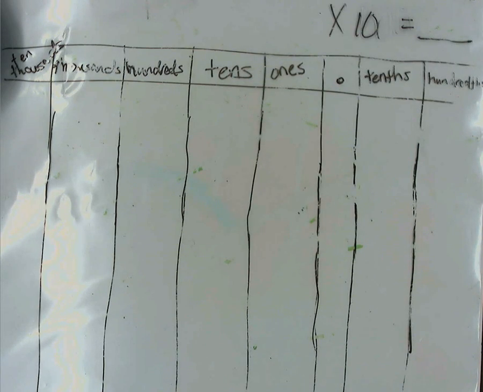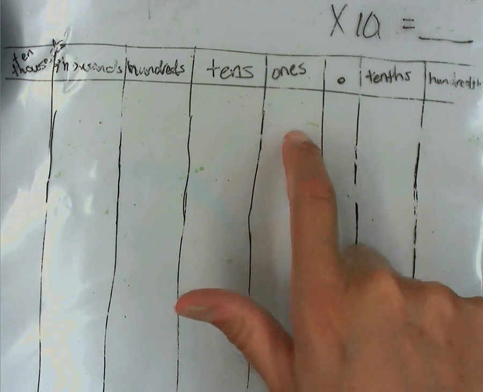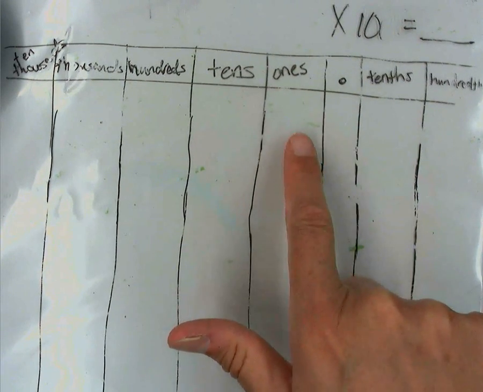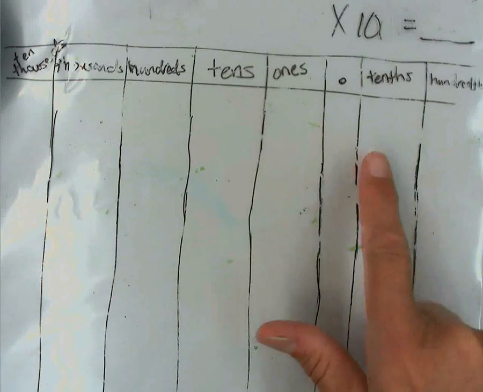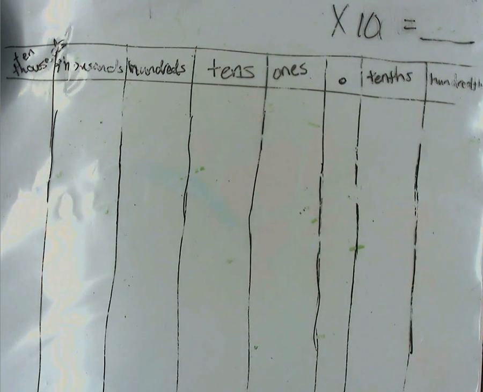We're looking at tens, ones, the decimal place that divides between things that are whole and things that are not whole. They are partial. And so over there what we've got is hundredths and tenths. This right here is a penny. It is 1/100th of one whole dollar.